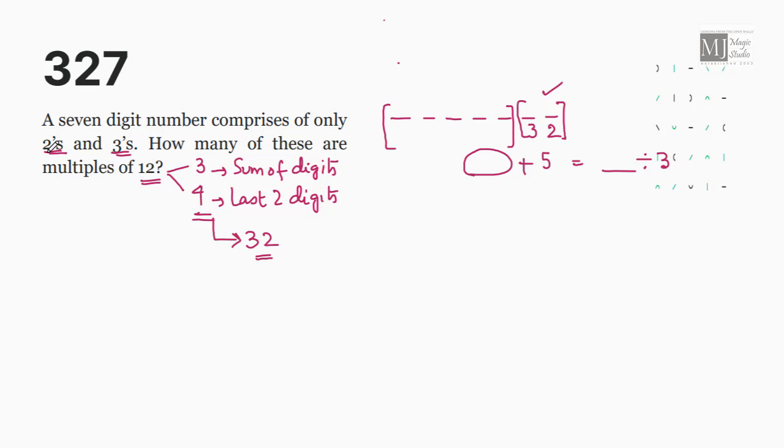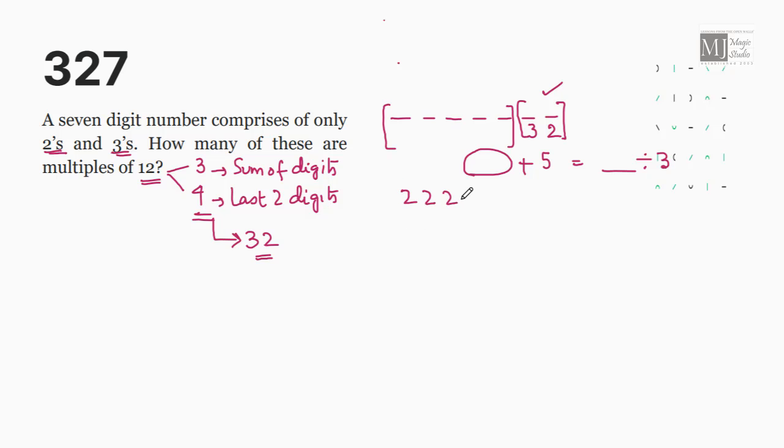And we have only 2s and 3s to form these 5-digit numbers. So let's see what can be here in place of these 5 vacant places so that the total sum is divisible by 3. We start with 2.